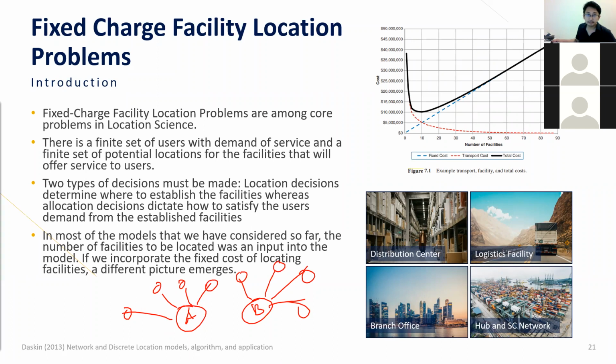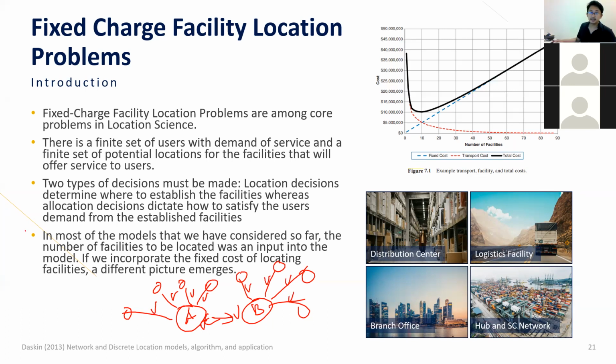But if you remember, for covering problems we also take into account the fixed cost here, and fixed charge facility location problems combine those two considerations. You take into account the fixed charge facility location cost and also the demand multiplied by distance in terms of cost.